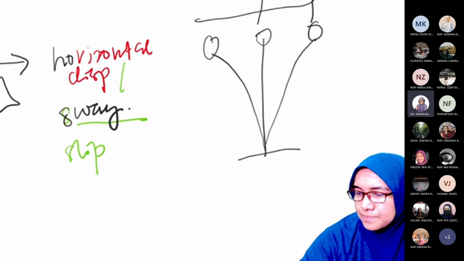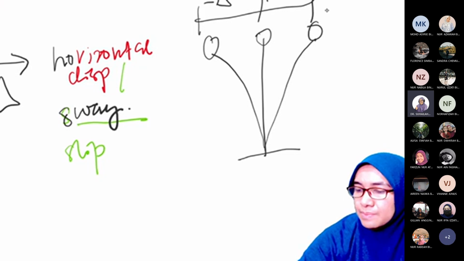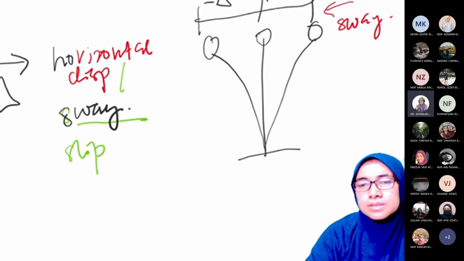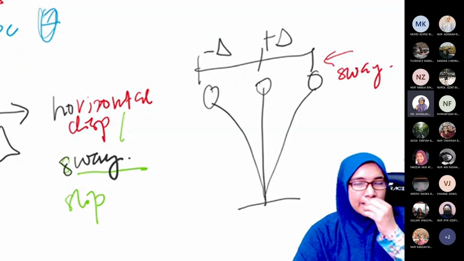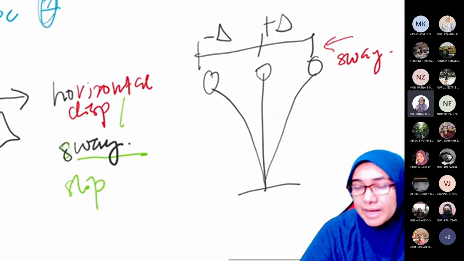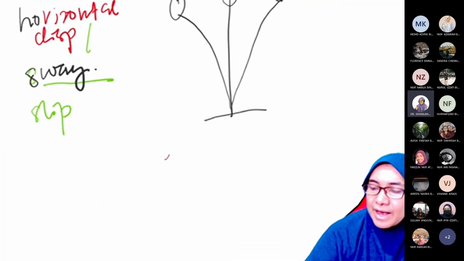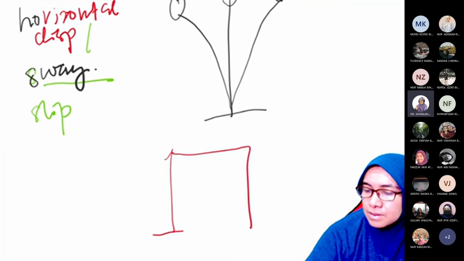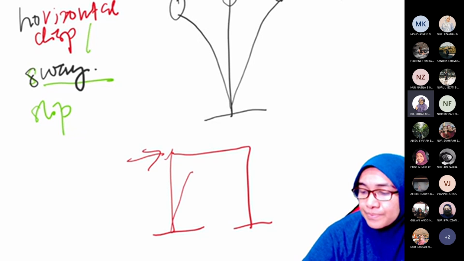So this is delta, this is also delta. This one is negative, this one is positive. So this we call sway. Okay, sway. It vibrates back and forth. Sway, or for a building when we have a frame and then there is loading, the frame we call a side sway frame.